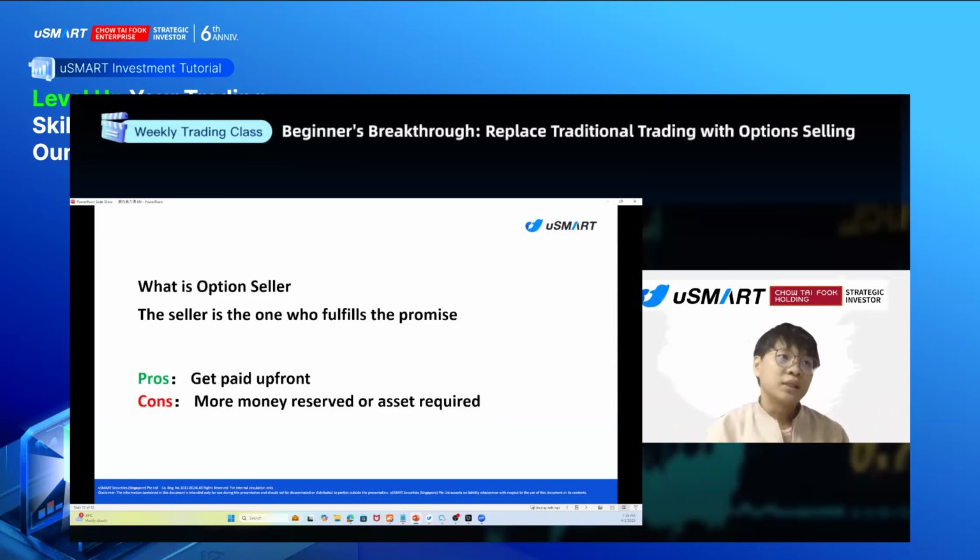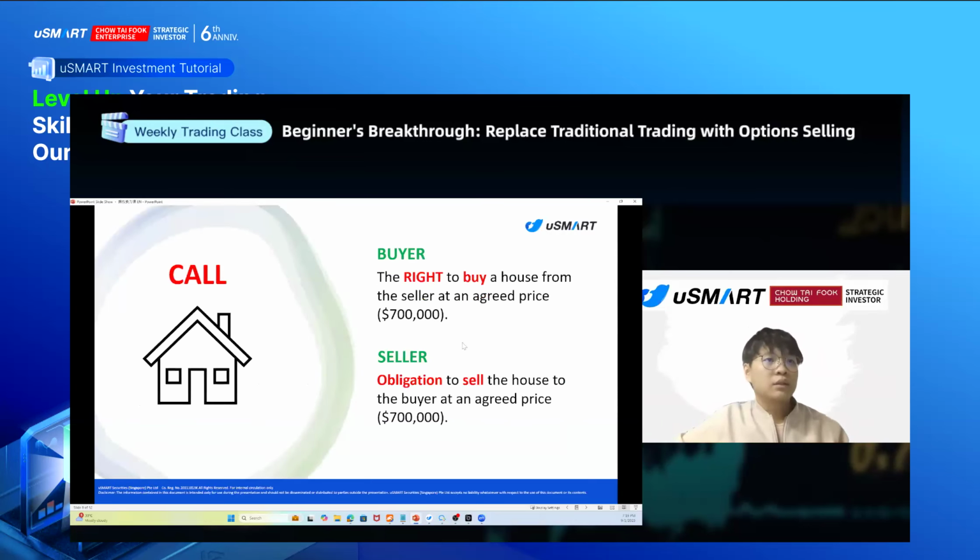Why? Because for the first case, let's say the call options, I as a seller will need at least 700,000 to ensure that at the time the buyer wants to exercise, I am able to fulfill this obligation to sell the house.